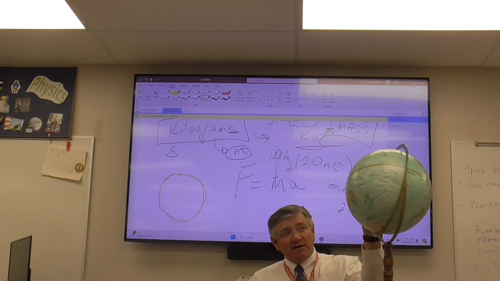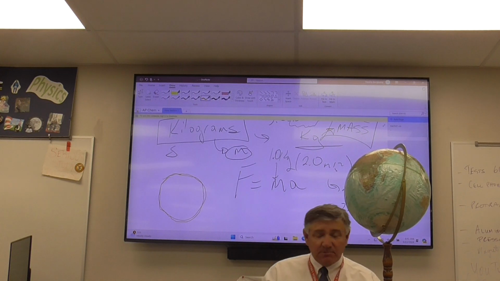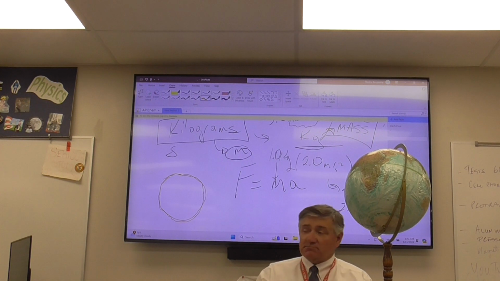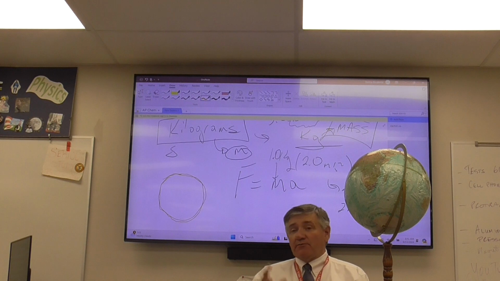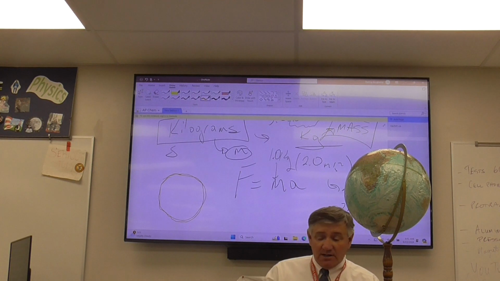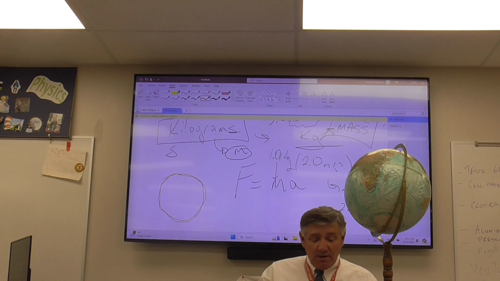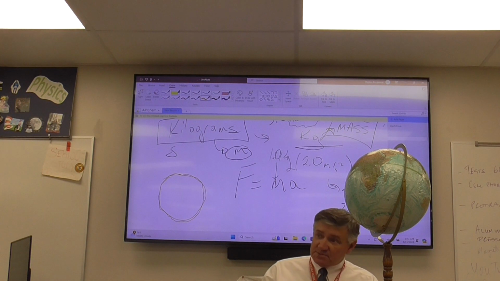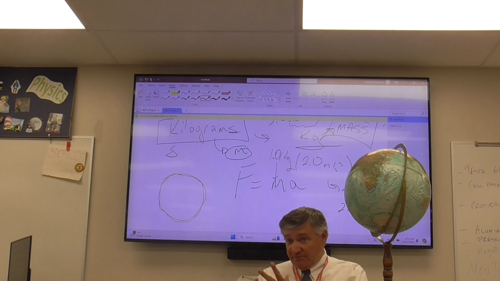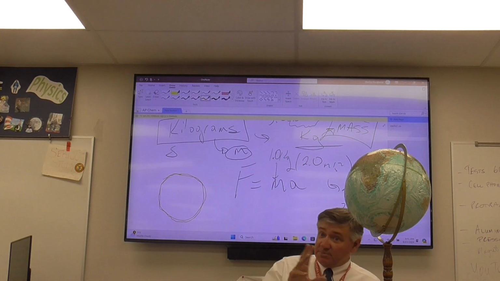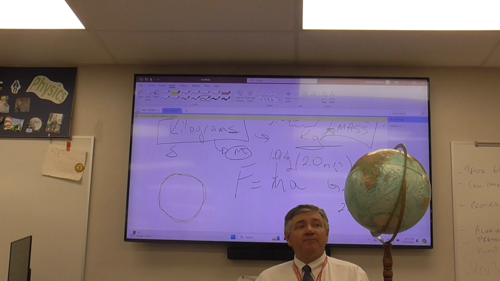We spin at a certain rate. It takes us about 24 hours to spin on our axis. That's cool. Even that rate of spin is important because if we spun faster, number one, the days would be shorter. Number two, storms and wind would become much more severe, which would be detrimental to our existence.